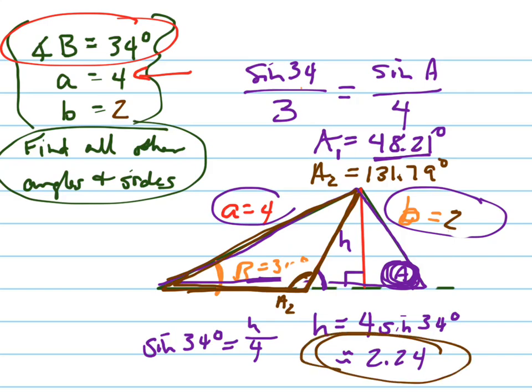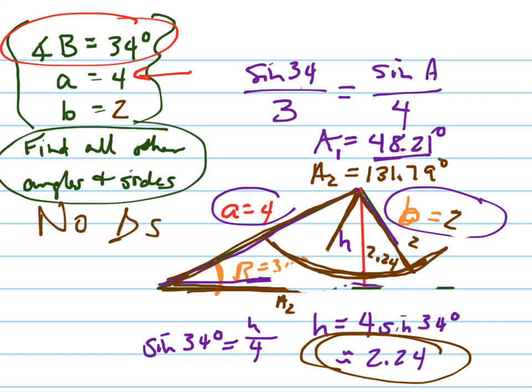So if you try to draw this side length down to complete that triangle, it's not going to reach, because this distance is 2.24 and this distance is only 2. If I try to make this reach to the bottom, it's just going to swing and it's never going to touch.